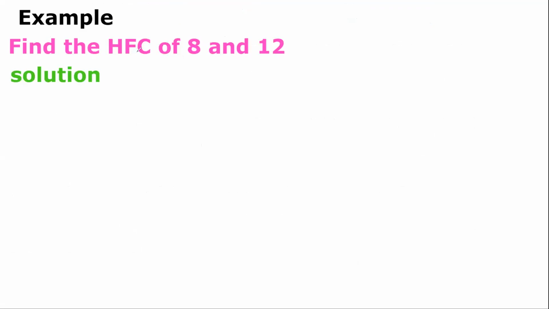Find the highest common factor of 8 and 12. HCF.